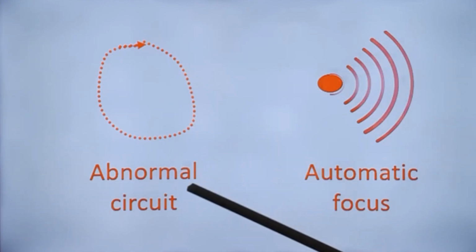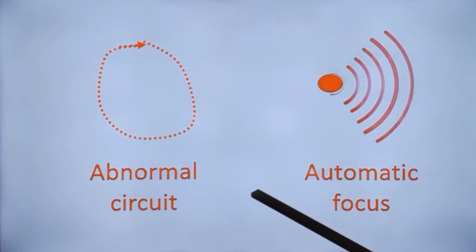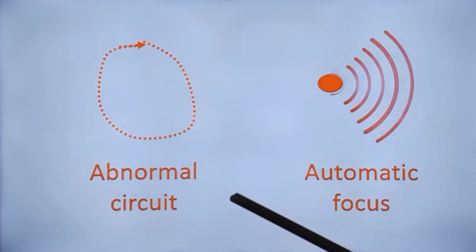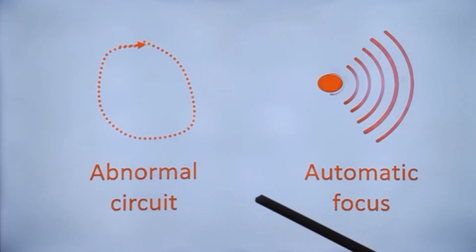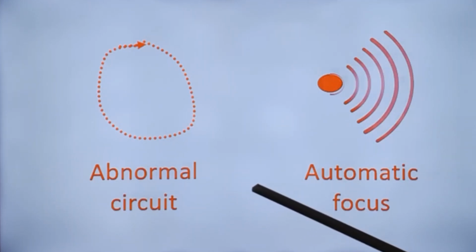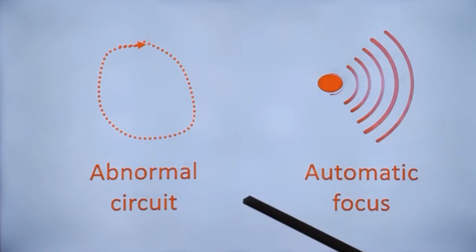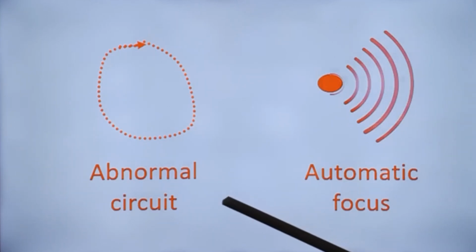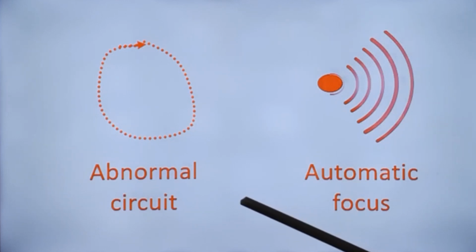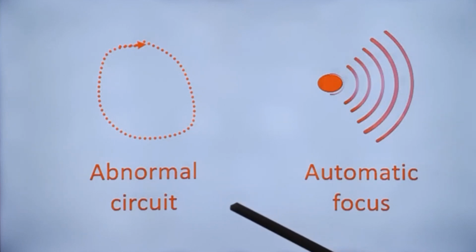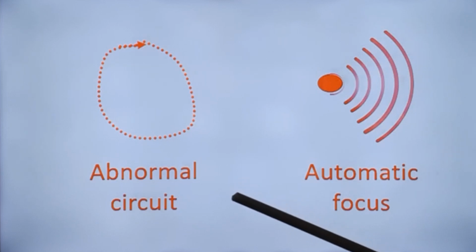So if you take any re-entrance circuit, there will be an area of slow conduction. In atrial flutter, it is usually the isthmus, that is either mitral isthmus or tricuspid isthmus. Mitral isthmus is just above the mitral annulus below the left inferior pulmonary vein, while the right atrial or tricuspid isthmus is just above the tricuspid annulus, known as the cavo-tricuspid isthmus, near the region of the inferior vena cava and the tricuspid annulus.